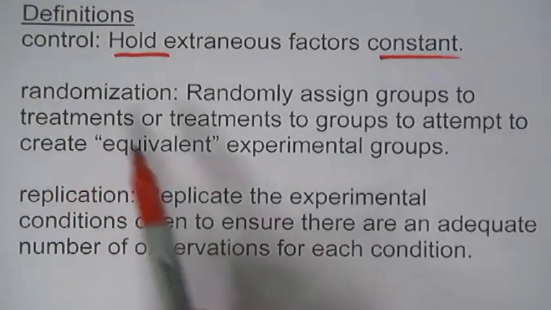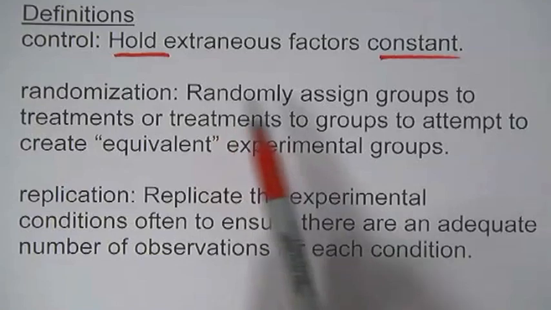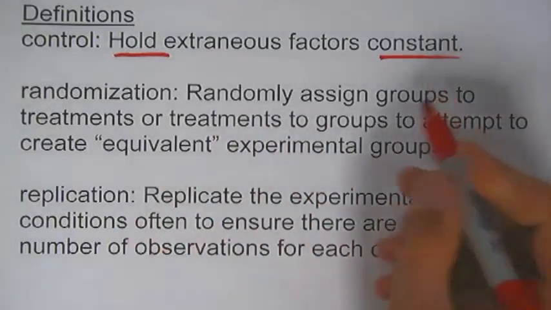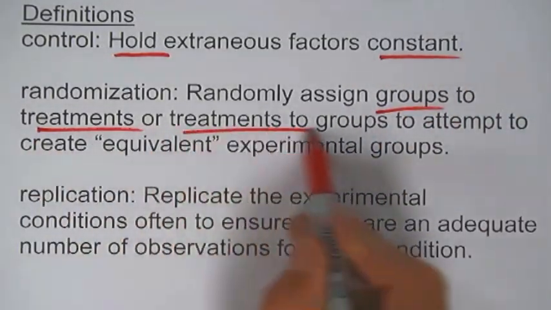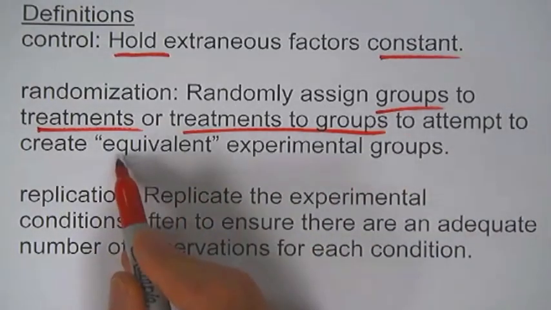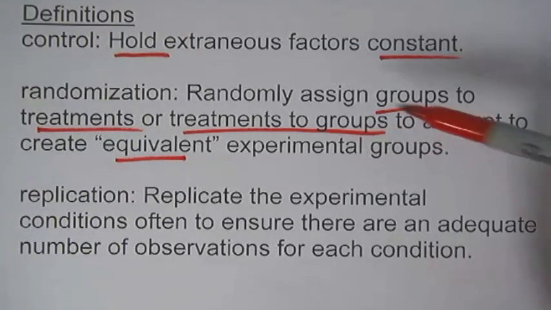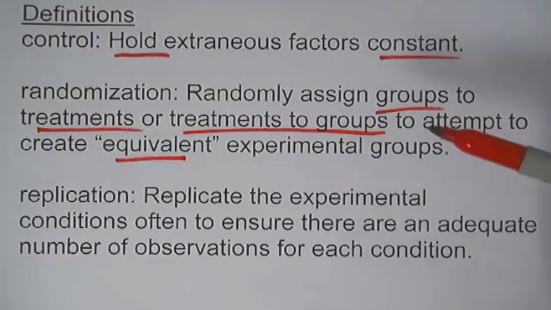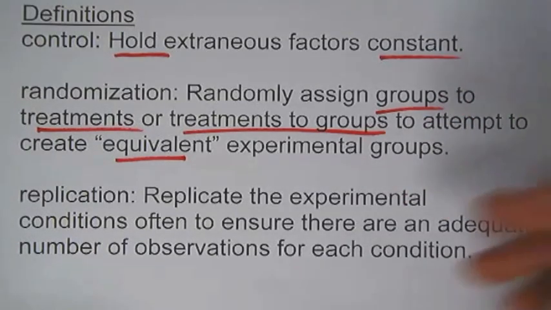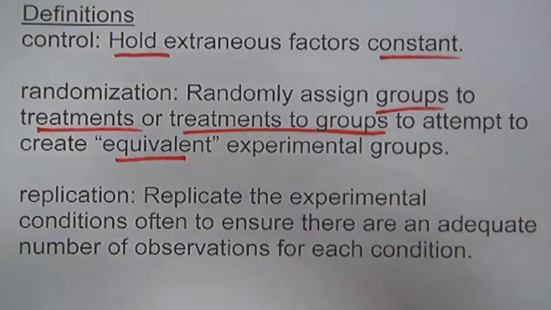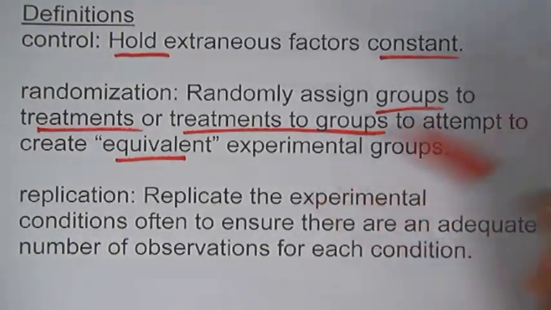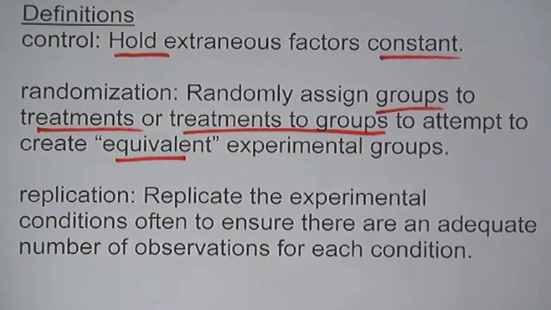The second, randomization. Randomization is you randomly assign groups to treatments or treatments to groups to attempt to create equivalent experimental groups. So if there's something weird going on with some participants in a group, using randomization, we hope that anything weird gets randomized, so that you don't end up with a bunch of weird results in one group but not in the other.